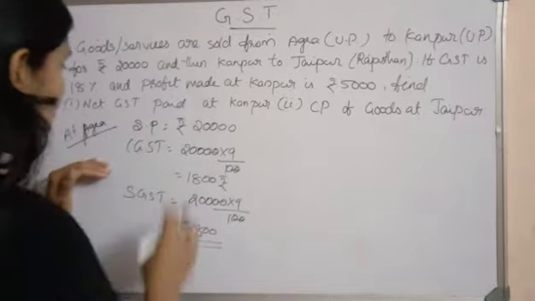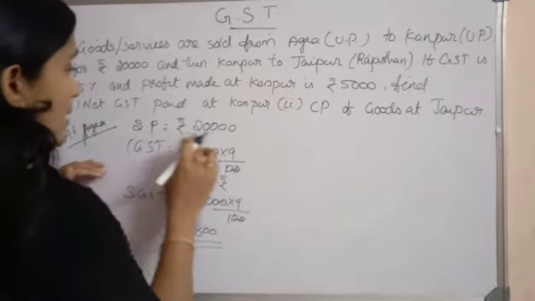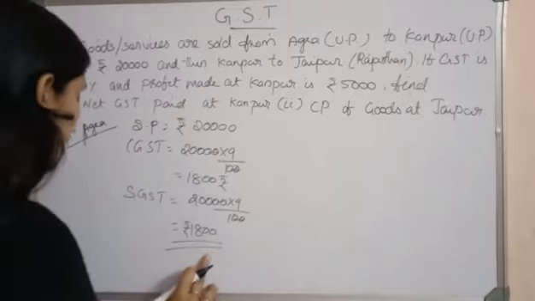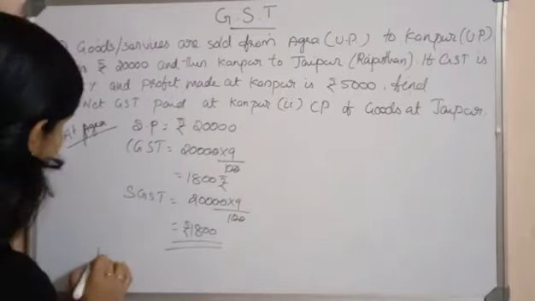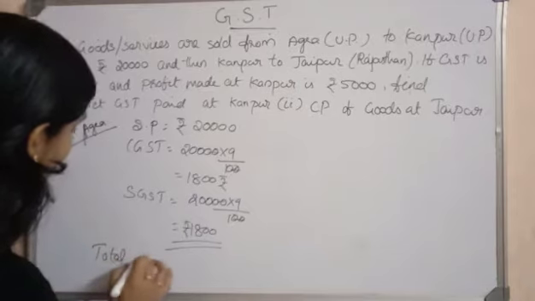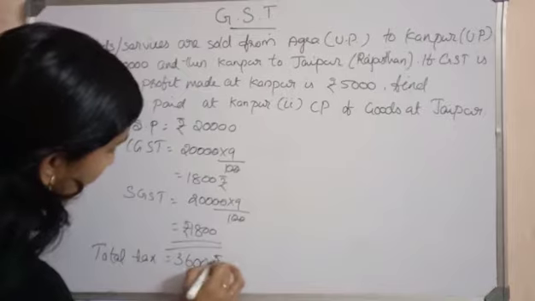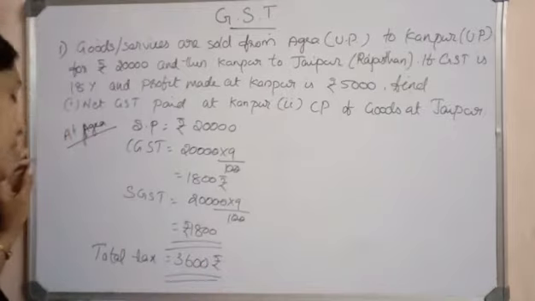So at Agra, the selling price is rupees 20,000 and the total tax paid is 3,600. That means we need to add the CGST as well as the SGST.